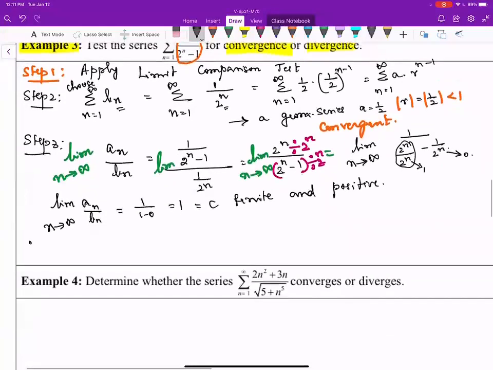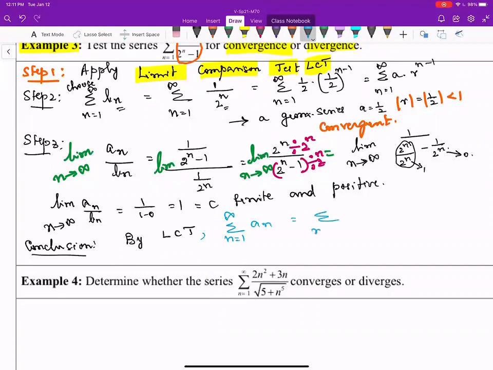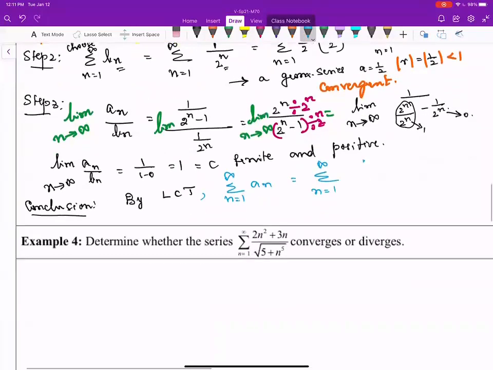So what is your conclusion? By limit comparison test, LCT, the given series sigma an, which is sigma n varying from 1 through infinity, 1 over 2 to the power n minus 1, converges.